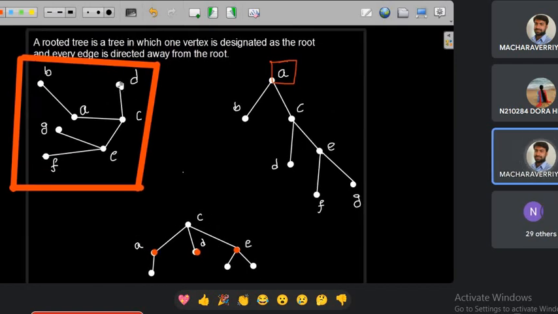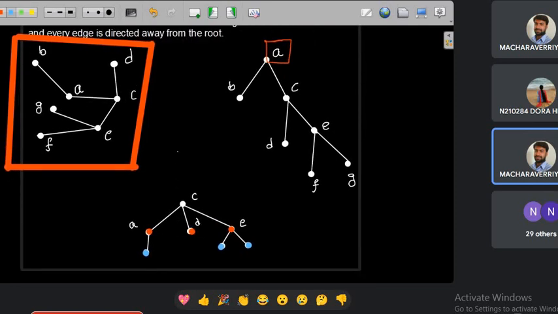D is a pendant vertex, therefore it does not have any adjacent vertices. How about A? A has one vertex adjacent to it, so I will draw it down. And E has two, G and F. I'll take them here. So this is the tree rooted at C.